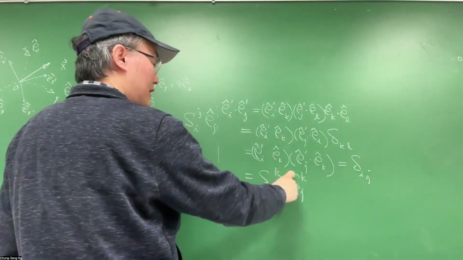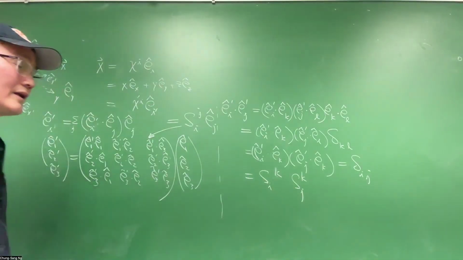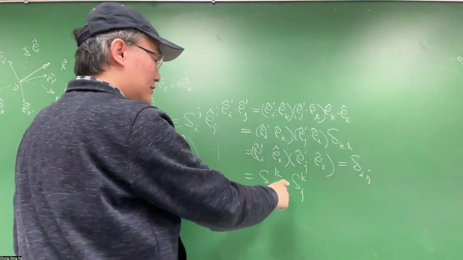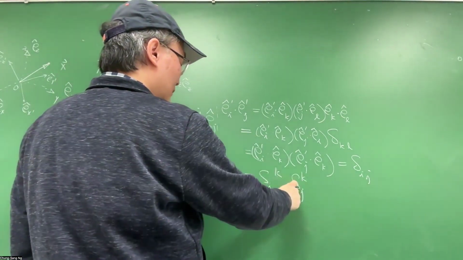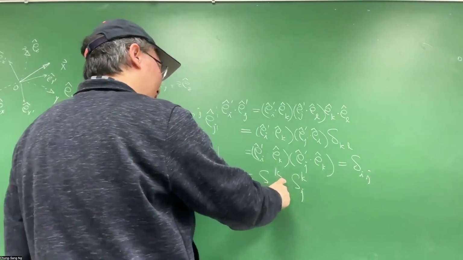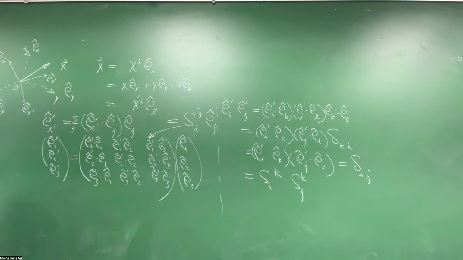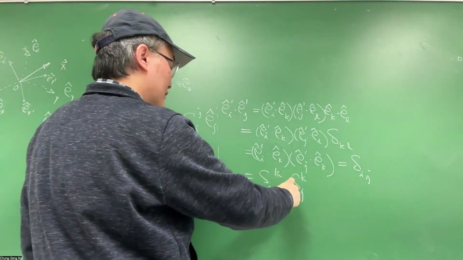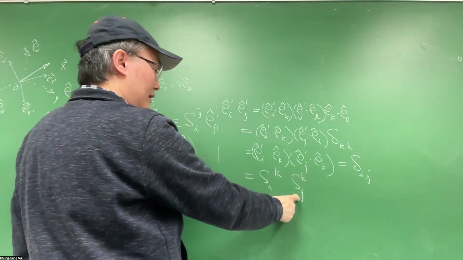If you sum over this K, the second index, then it becomes a Kronecker delta. So this one actually is the inverse of this one. But this is not exactly the inverse, because I'm not putting it in the usual matrix multiplication form yet. To do that, I need to do a transpose to reverse the notation of J and K.